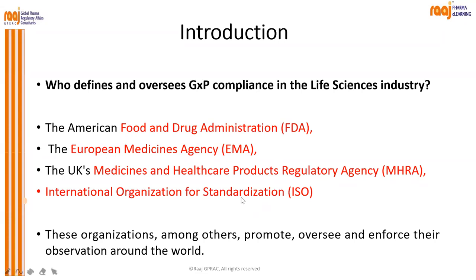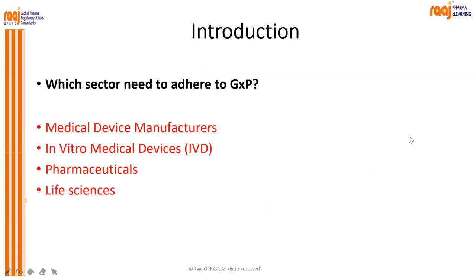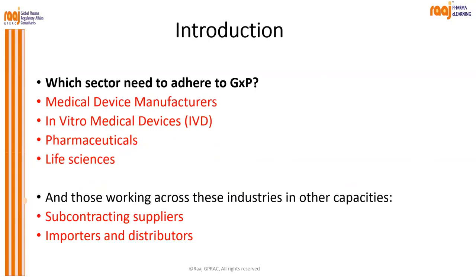So this is a short introduction which I wanted to give about GxP, how it works, and the sectors in which these GxP standards are applicable. So medical device manufacturers, in vitro medical devices, in vitro diagnostics, pharmaceutical, and life science.